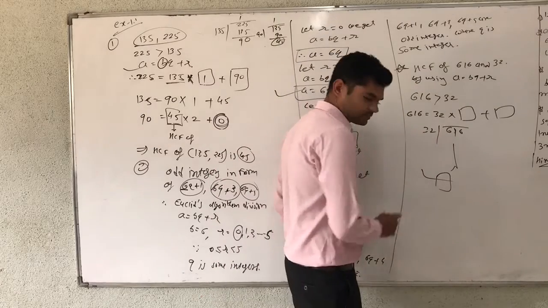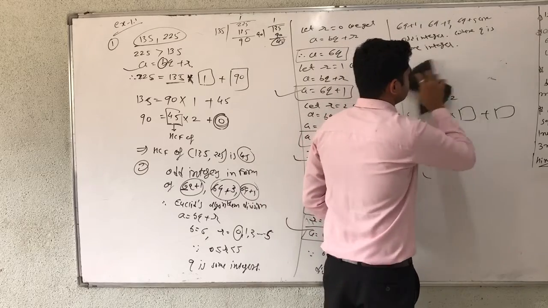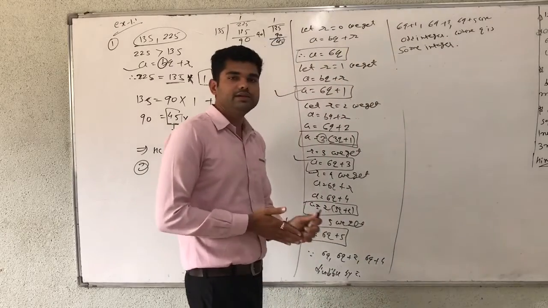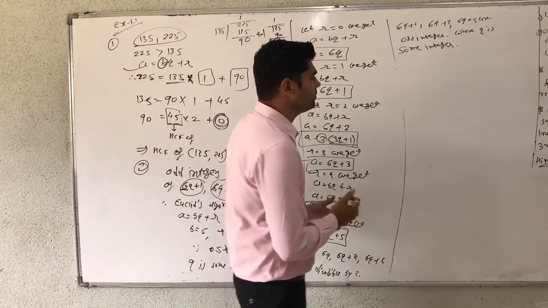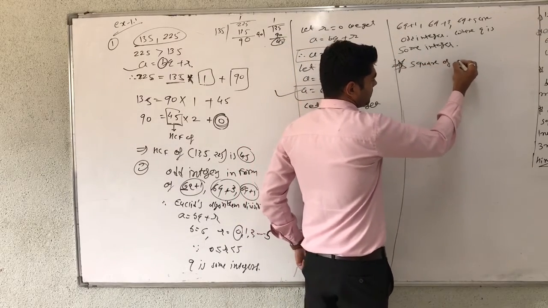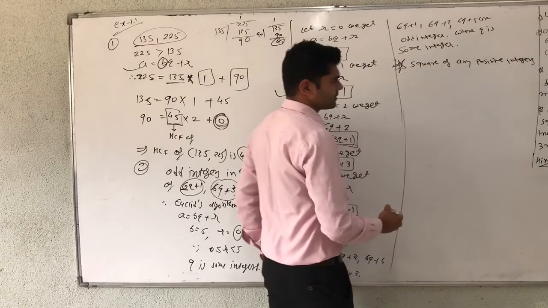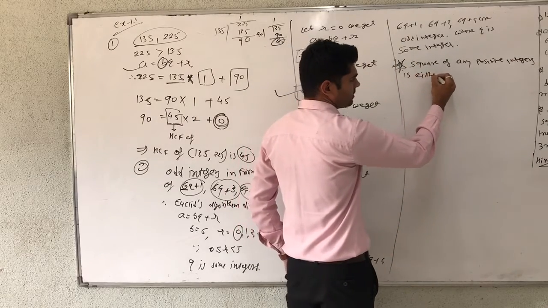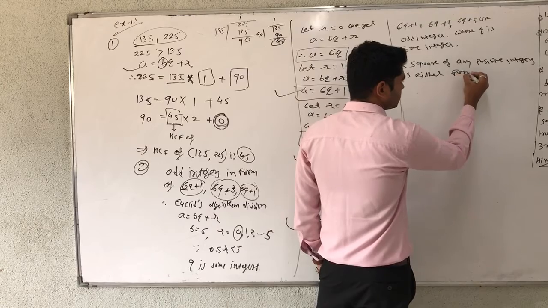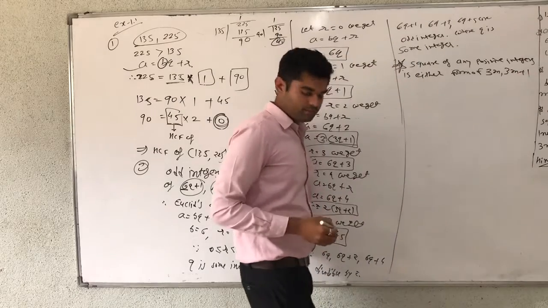Now next question. Using Euclid's division lemma, show that the square of any positive integer is either of the form 3m or 3m plus 1.